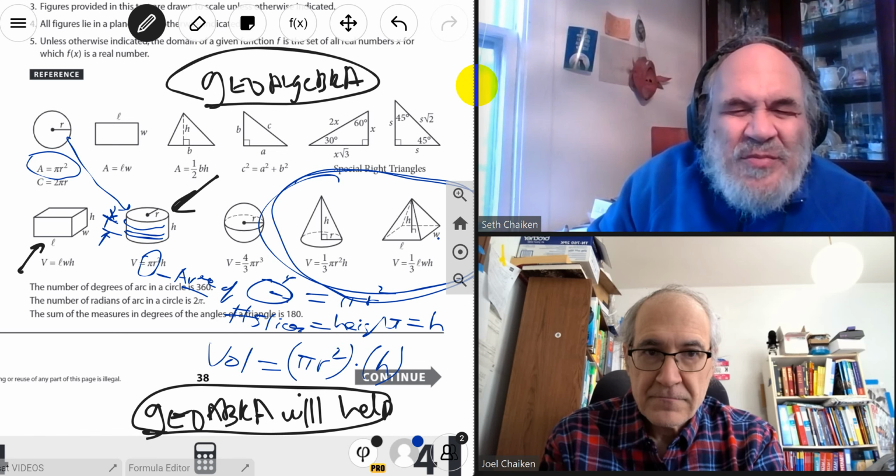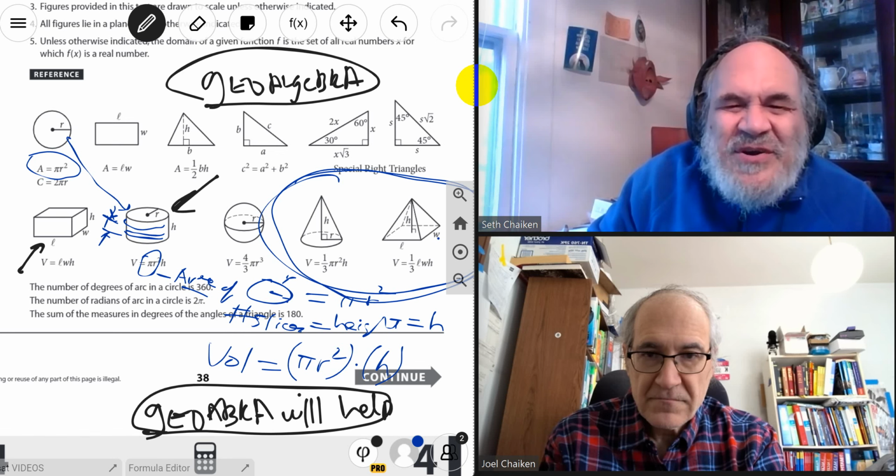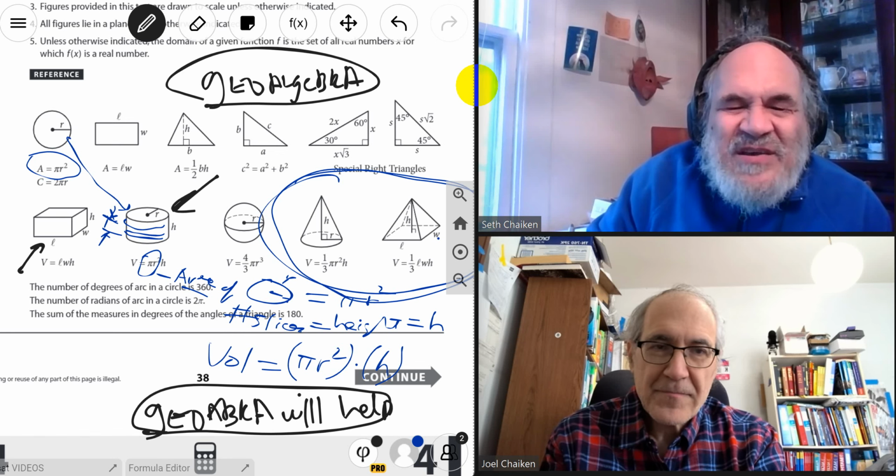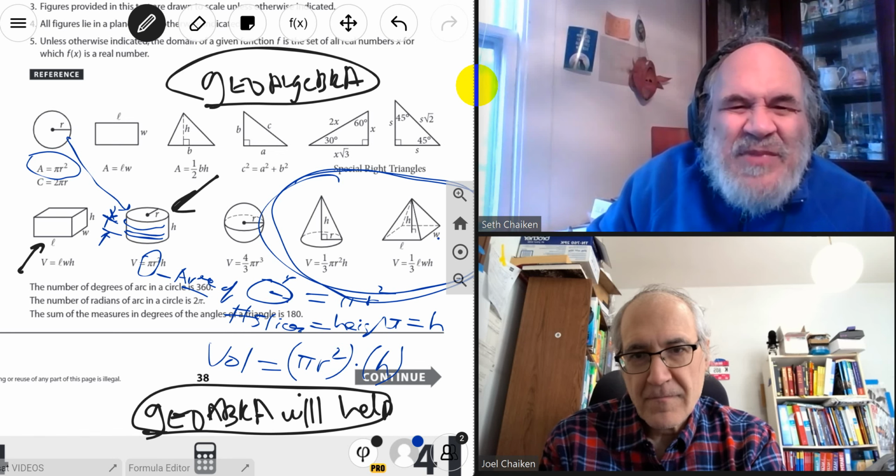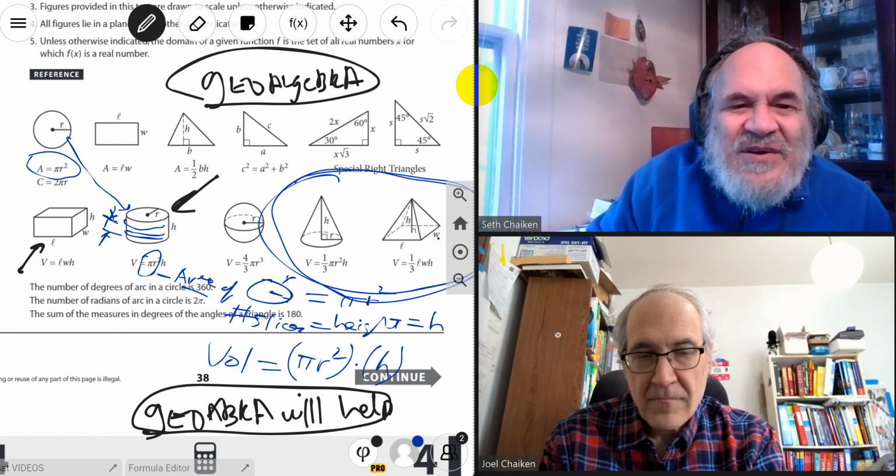The volume shrinks by a factor of a third. So what it means is the volume of three of these cones will equal the volume of the cylinder with the same base and height.